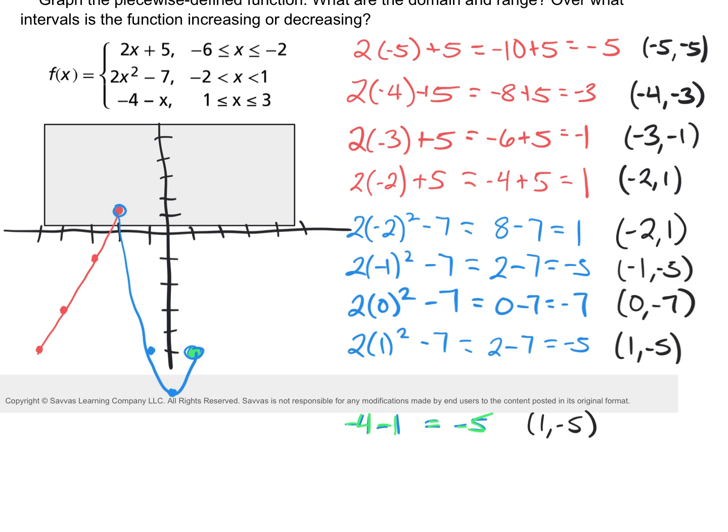Once you're in an interval, are you probably going to leave that interval until you have to? No. So if I plug in 2 to that third one, negative 4 minus 2 is negative 6. What is my coordinate? 2, negative 6. We go off the graph, but that's okay. So 2, negative 6 is about here.